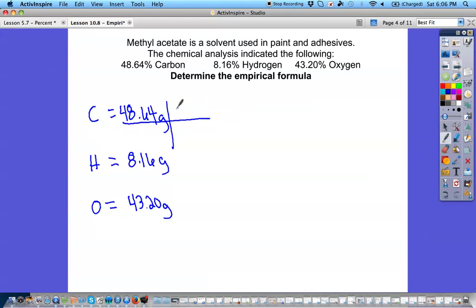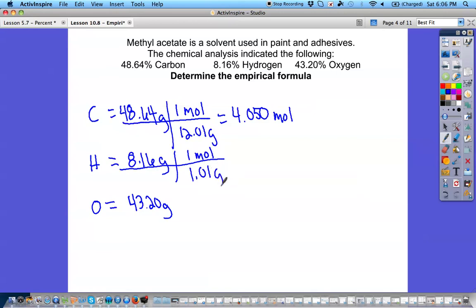Okay, so we're going to convert these to moles. And this is going to give me 4.050 moles, then 8.079 moles.